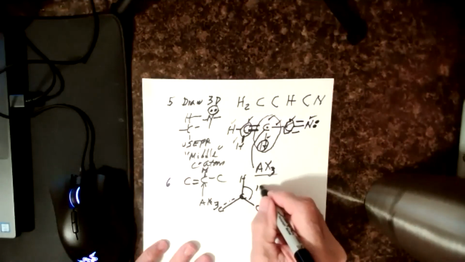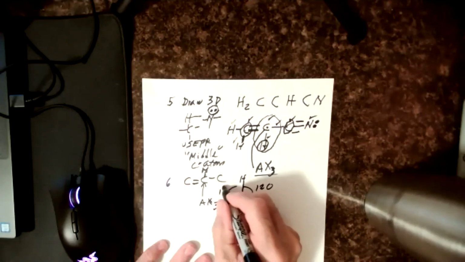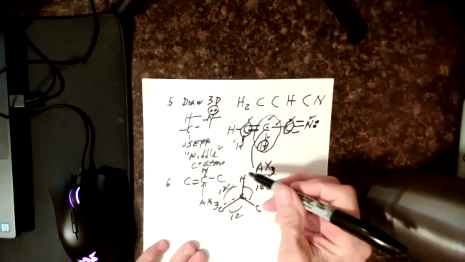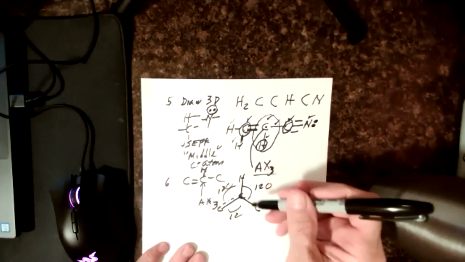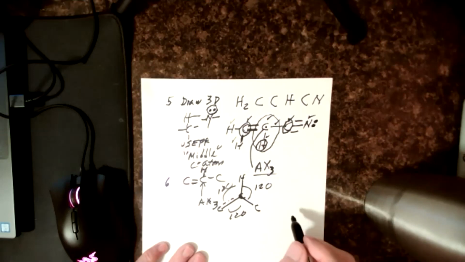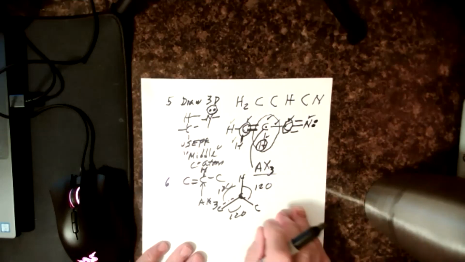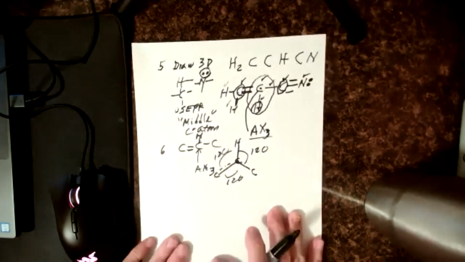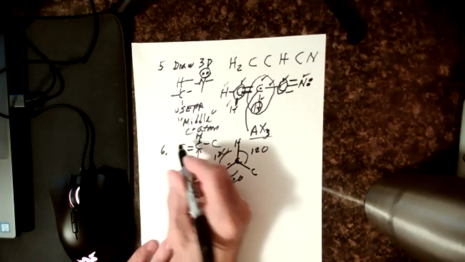All the angles are 120. This one is 120, and this one is 120. So if the problem had said, what is the HCC angle, or the CCH angle, or the CCC angle? The answer is always the same. It's 120, because the hybridization at that carbon causes a trigonal planar shape, AX3.